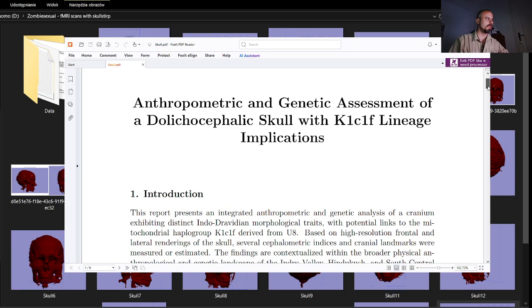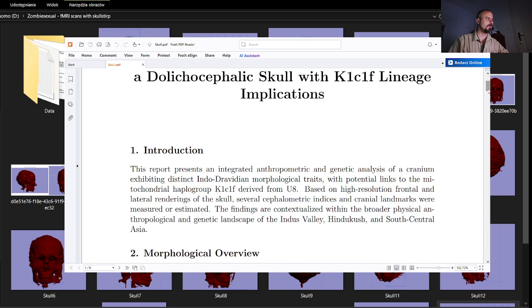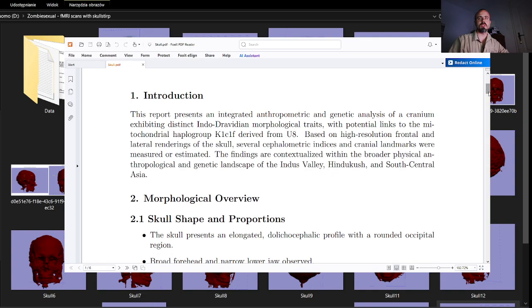Now, this is the assessment of an example of my skull, a dolichocephalic skull, with the K1C1F lineage stemming from the U8 lineage. And we may read as follows. This is generated by input I provided to ChatGPT and by the export information I received. So this is the analysis of a cranium exhibiting distinct Indo-Dravidian morphological traits.